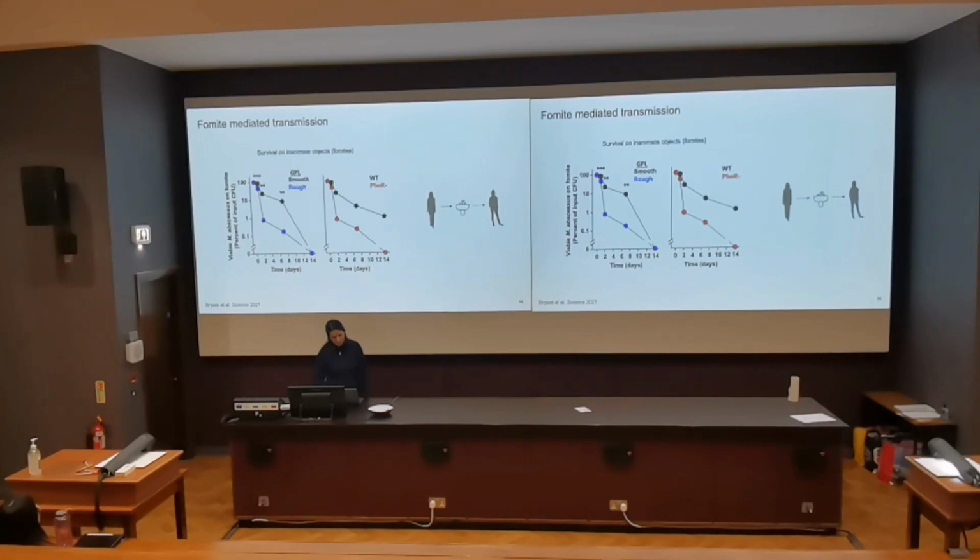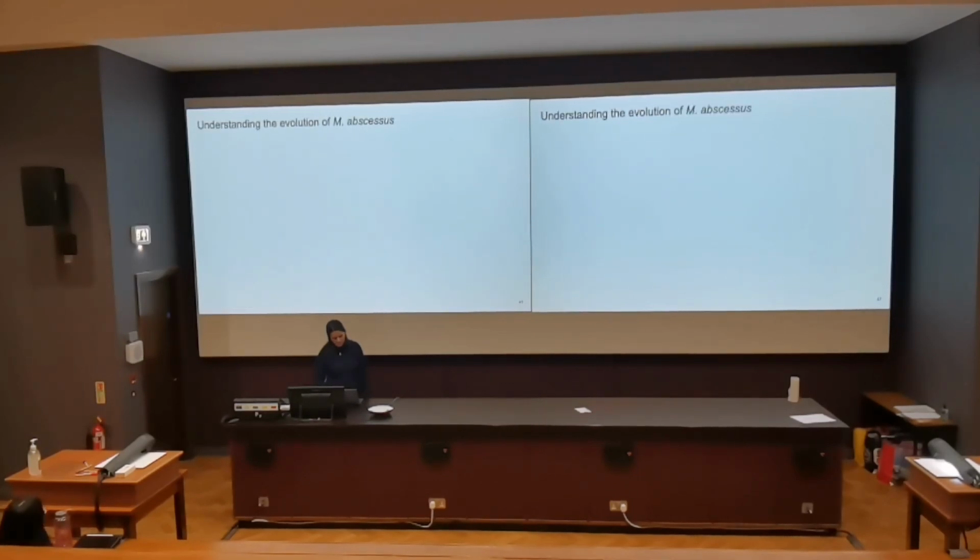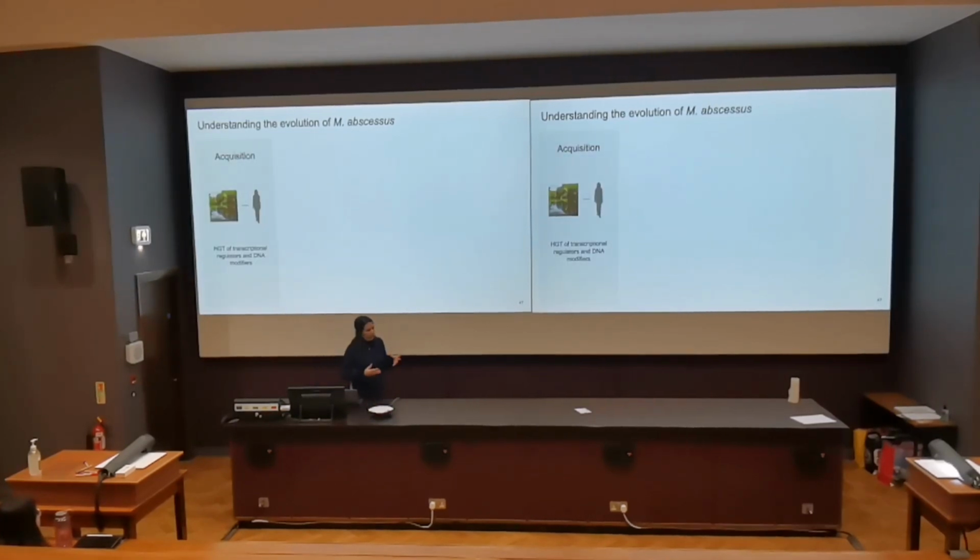So we've now generated a lot of information on Mycobacterium abscessus, and so we started putting all these bits of information together. And so we think that people acquire Mycobacterium abscessus from the environment, and maybe some strains, such as the dominant circulating clones, are more able to be acquired than others because they've had horizontal gene transfer of transcriptional regulators and DNA modifiers like the methylase.